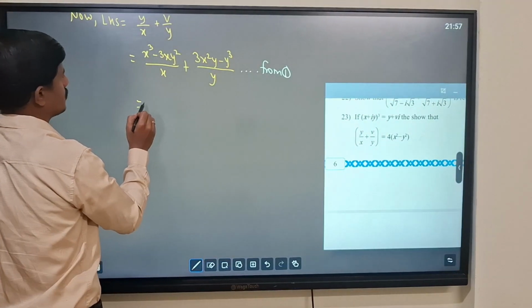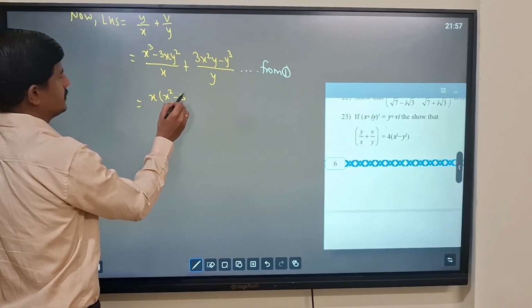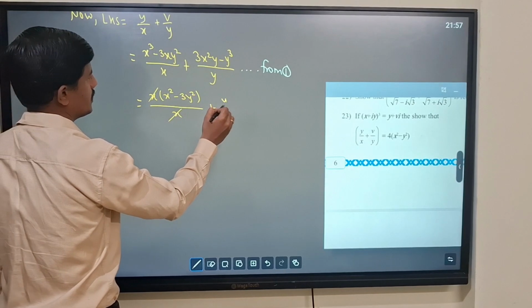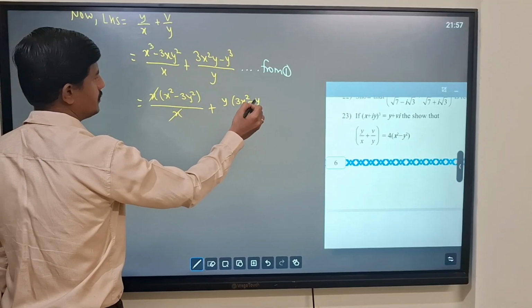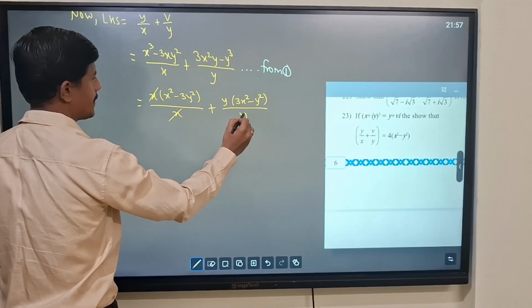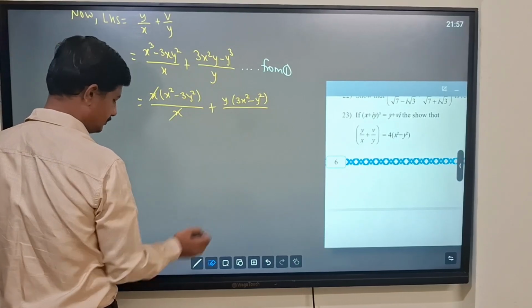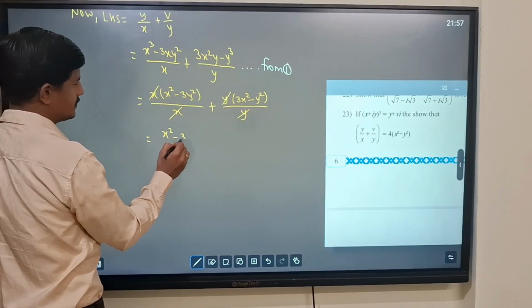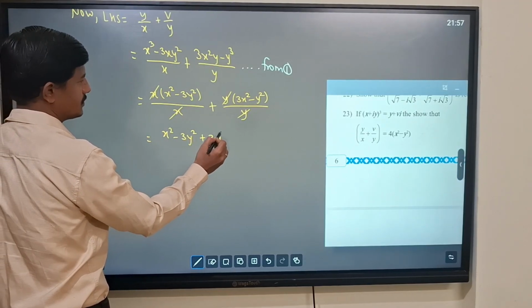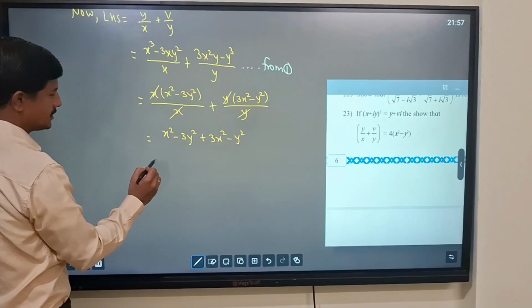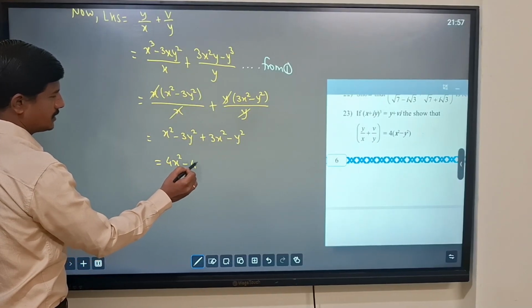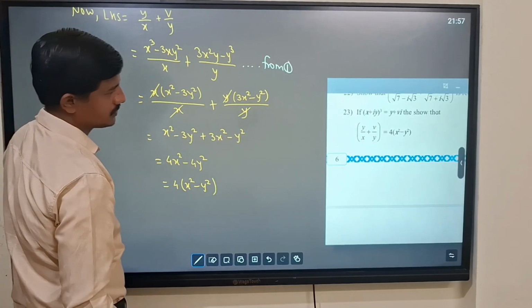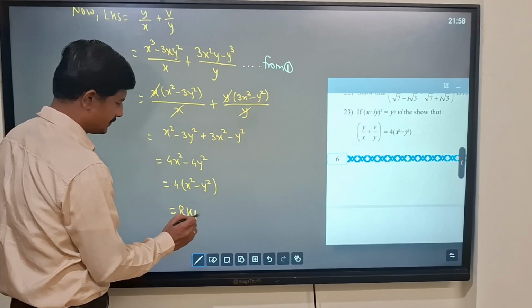Now take x common, remains x square minus 3y square upon x, x cancelled, plus y common, 3x square minus y square upon y, y cancel. It becomes x square minus 3y square plus 3x square minus y square. x square plus 3x square is 4x square, minus 4y square. So 4 is common, remains x square minus y square, and that is the RHS, hence proved.